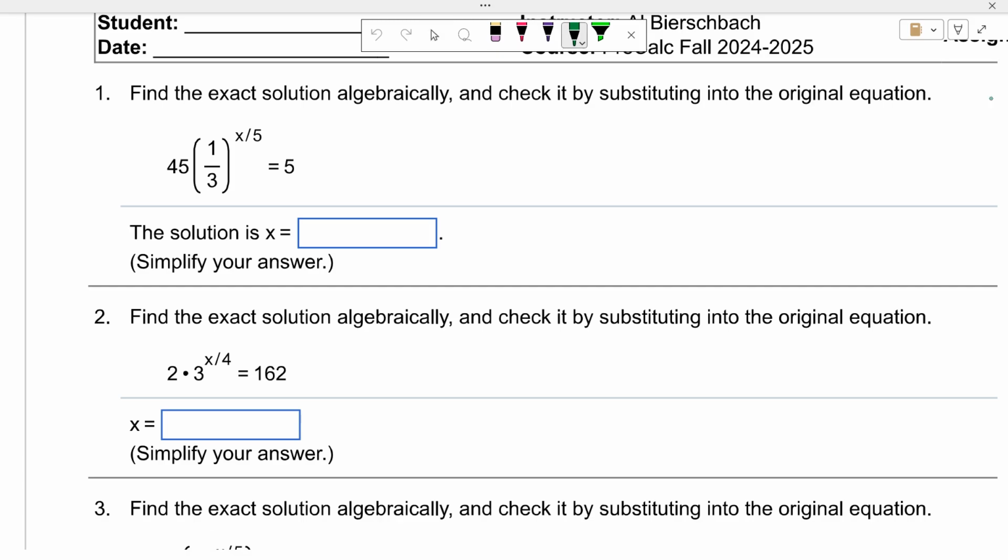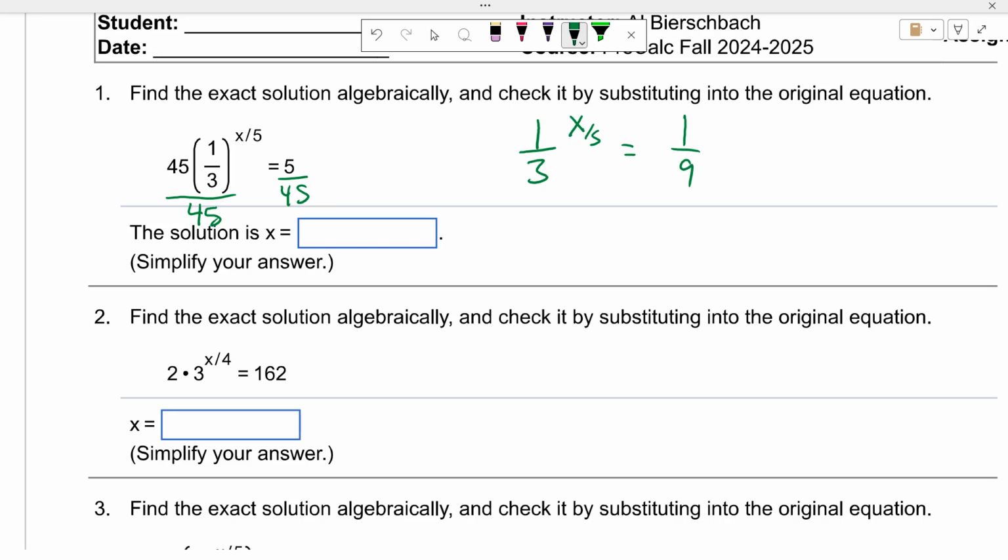So, how do we get 1/3 to the x over 5 alone on one side? Divide by 45. 5 over 45 is 1/9. So 1/3 to the x over 5 equals 1/9.